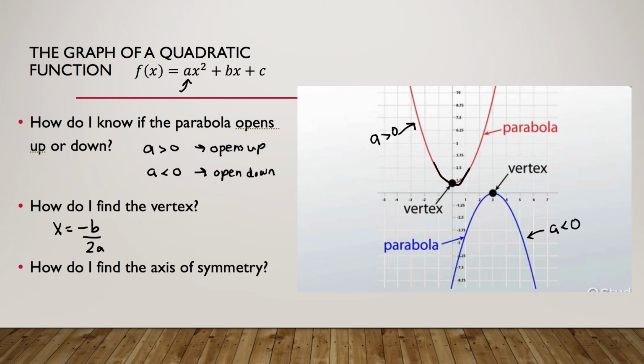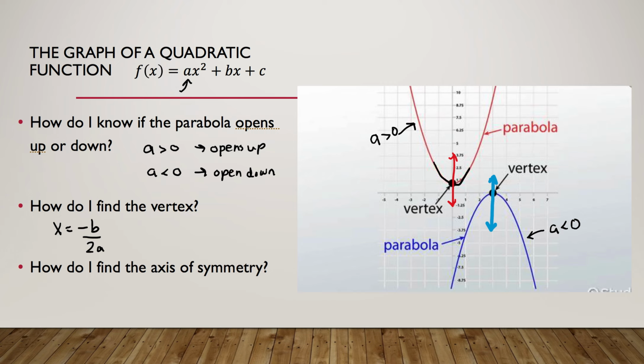And then the axis of symmetry is the vertical line that goes through the vertex. So the axis of symmetry comes straight down through the vertex. It cuts the parabola into two different pieces that are mirror images of each other. So how do we find that axis of symmetry?